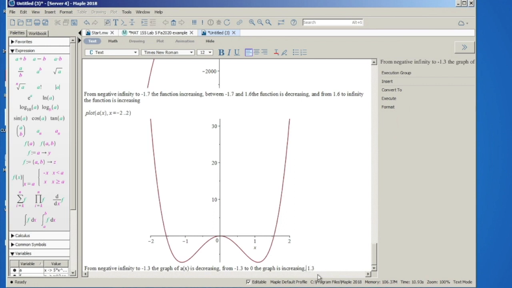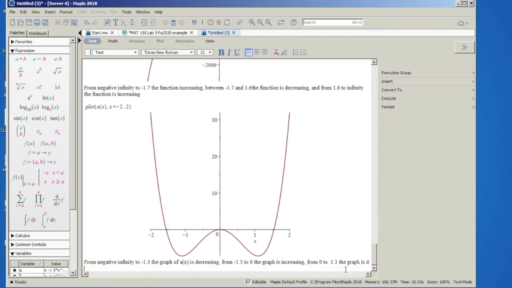So from 0 to 1.3, the graph is decreasing. And you can see it from here to here, you went down. And finally, from 1.3 to plus infinity, the graph is increasing.